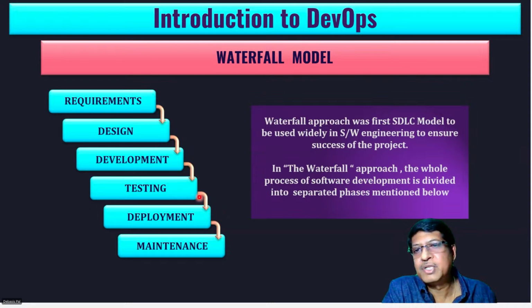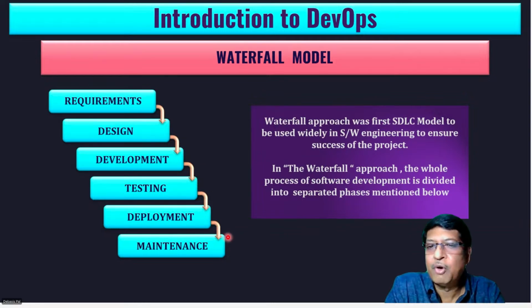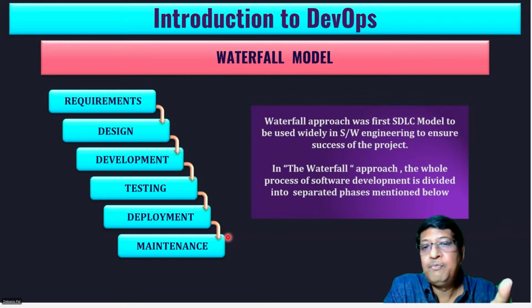The requirements 12 months back were frozen, and there was no scope to change them along the 1 year. So is it a good model or a bad model? Bad model. Yes, I will not say bad model, because at that time we didn't have any other model to follow.